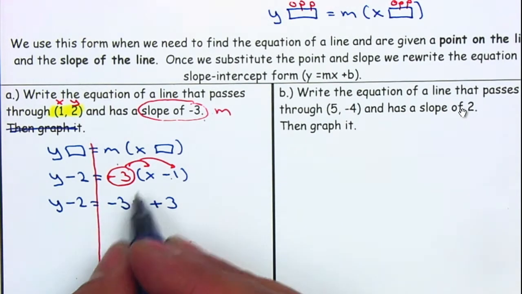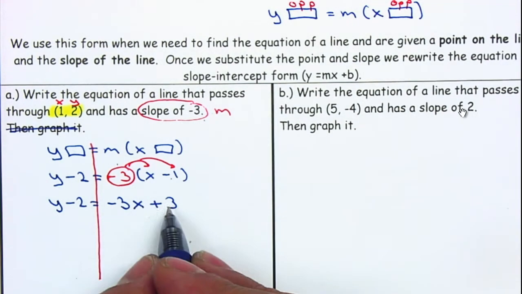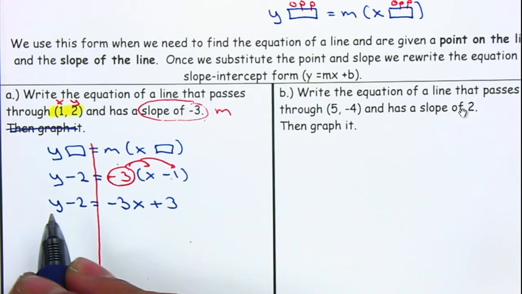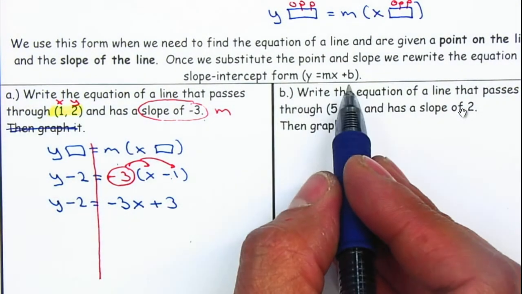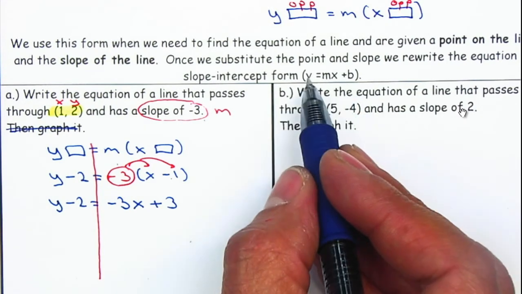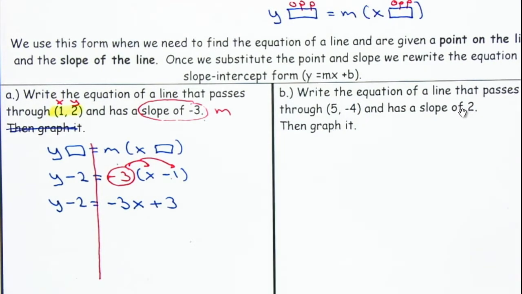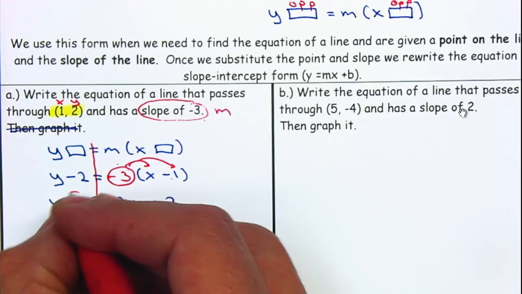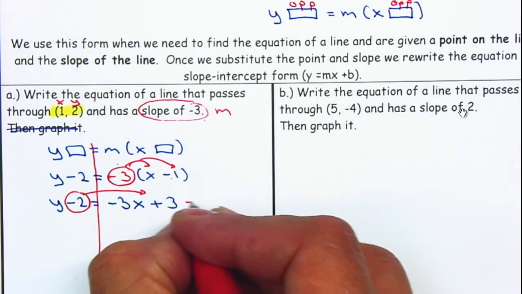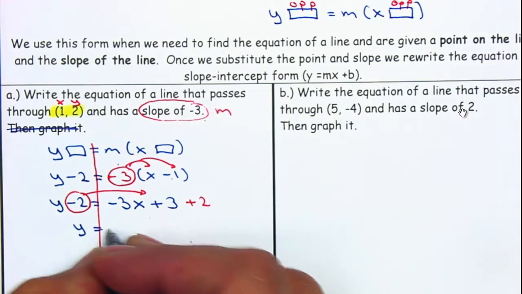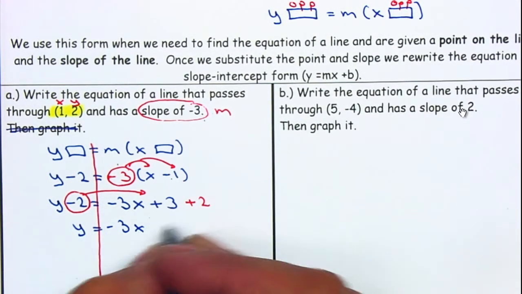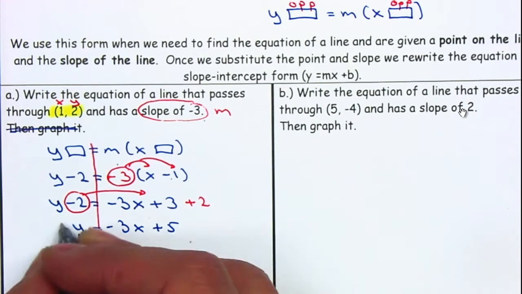Negative times positive is negative, negative times negative is positive. I need to leave the y by itself so it can be in slope-intercept form. y is equal to mx plus b. The y has to be by itself. Therefore, I'm going to move my 2 to the right. It's going to become a positive 2. y is equal to negative 3x. This will give me plus 5. And then I'm done.